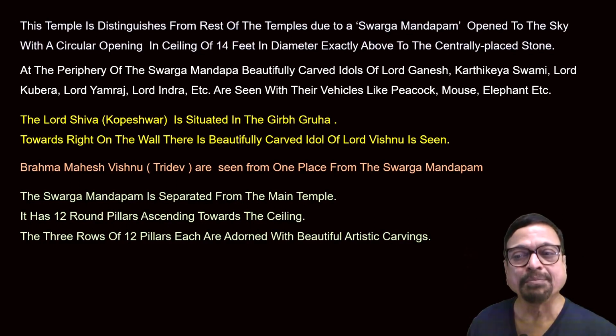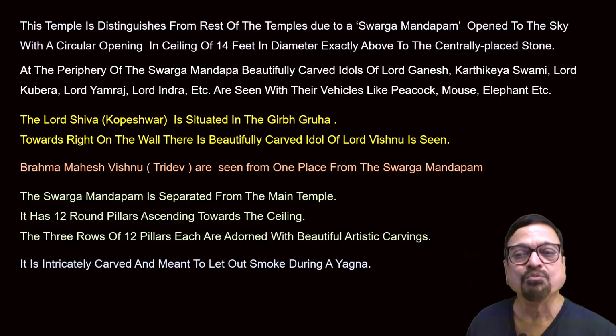Now the Swarga Mandapam is separated from the main temple and has 12 round pillars ascending towards the ceiling. The three rows of 12 pillars each are endowed with beautiful artistic carvings. You must appreciate them and see them in more detail.